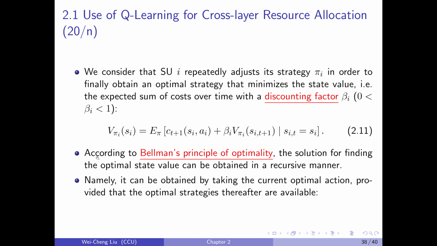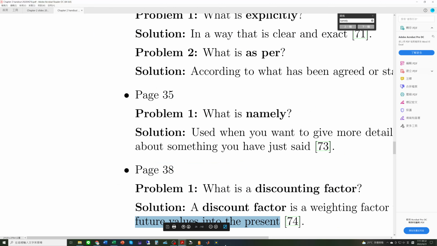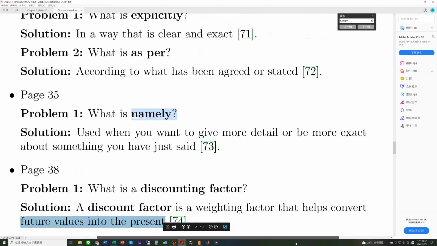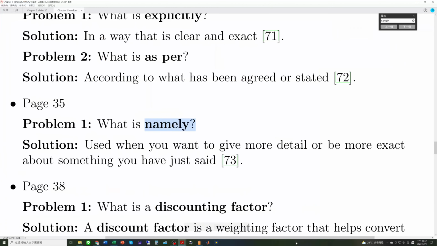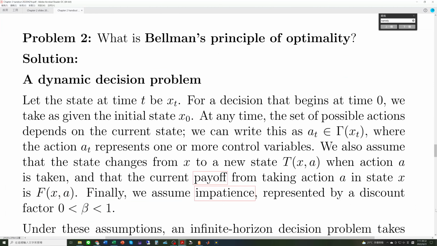Okay, so according to Bellman's principle of optimality, okay, what is Bellman's principle of optimality? Let us see the handout. Okay, problem 2. What is Bellman's principle of optimality? Okay, solution.